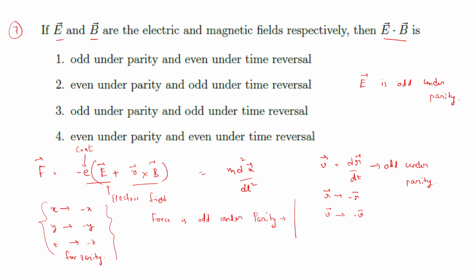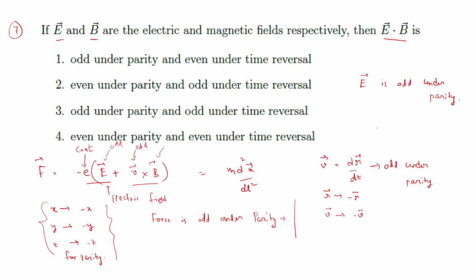Now let us look at what will happen with B. If the velocity is odd under parity, the magnetic field now has to be even under parity, so that the odd and even together give an overall odd parity.